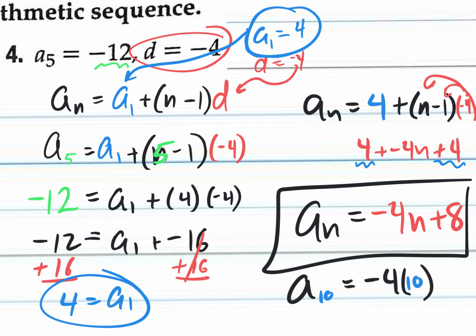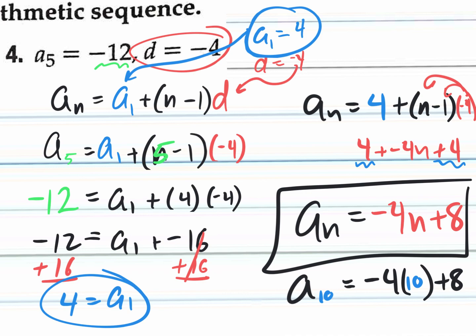So you could actually plug in that 10 and then the plus 8, right? So that would be negative 32 would be the 10th number on our list if we actually had the list. But once again, a sub 10, that's just the notation for the work that we're about to do right here, that we're plugging in the 10 into the actual a sub nth rule function machine.